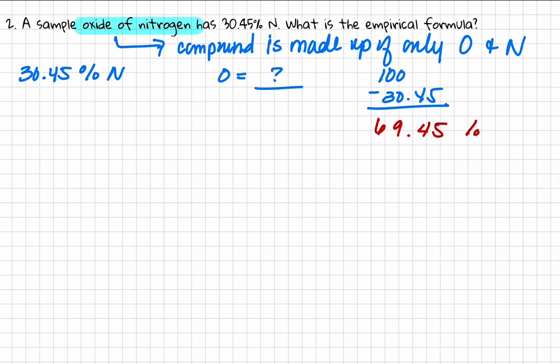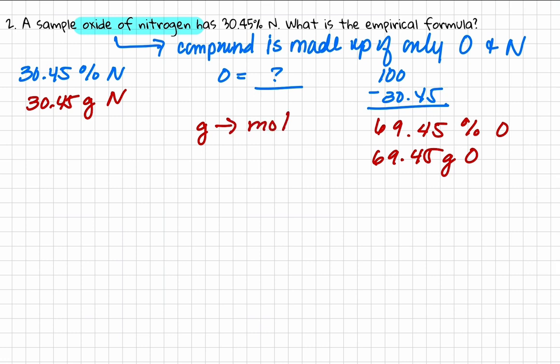But I can change it now from percentage to grams. So this is really 30.45 grams of nitrogen and 69.55 grams of oxygen. Now we can go from gram to mole and solve the problem like we know how to do it.